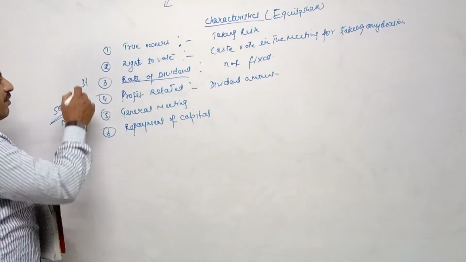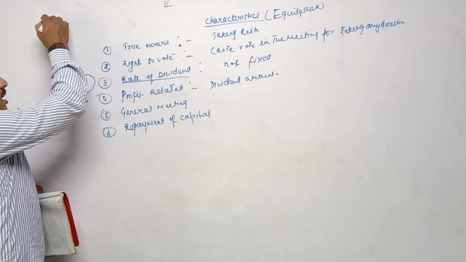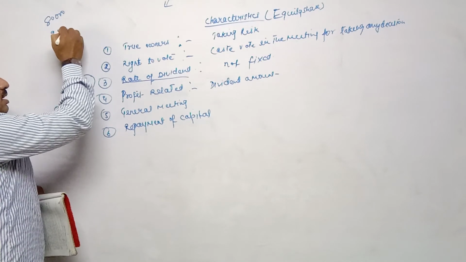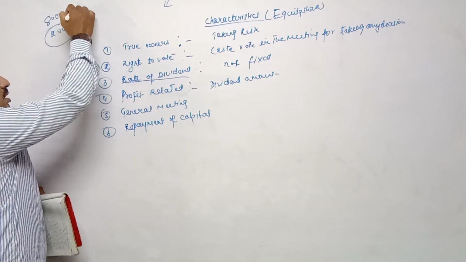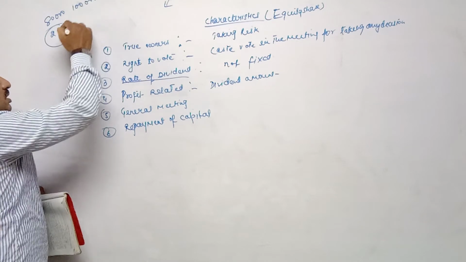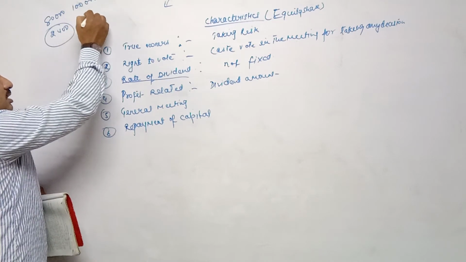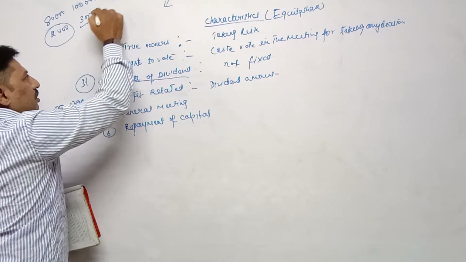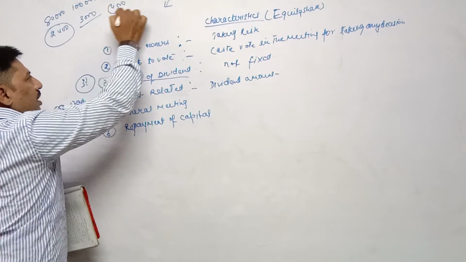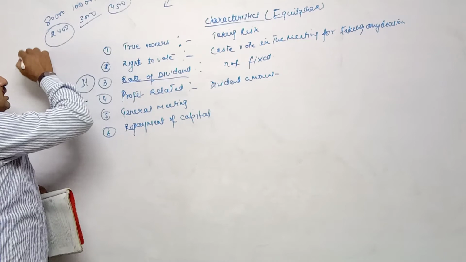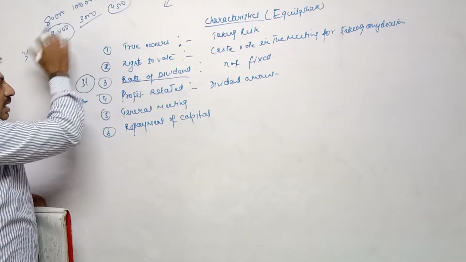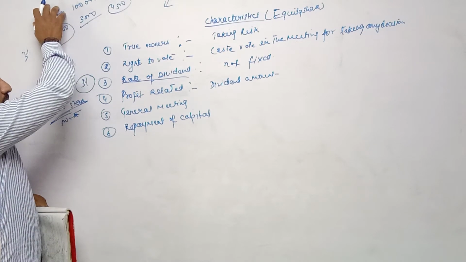For example, if rate of dividend is 3% and company has earned 80,000 rupees, in that case we will get 2,400 rupees. If company has earned 1 lakh rupees, 3% of 1 lakh, we will get 3,000 rupees. If company has earned 1,50,000, 3% of 1,50,000 is 4,500. Our dividend percentage is the same, 3%, but our amount can increase if the company earned high profit.